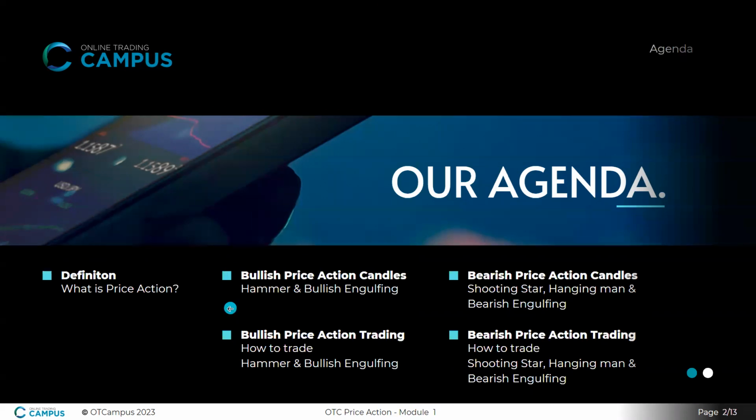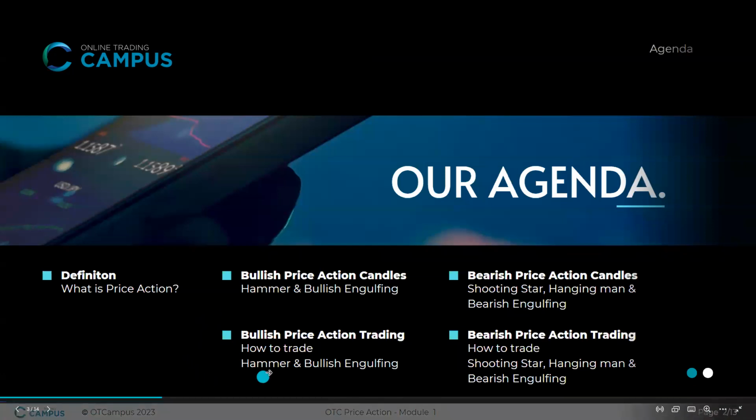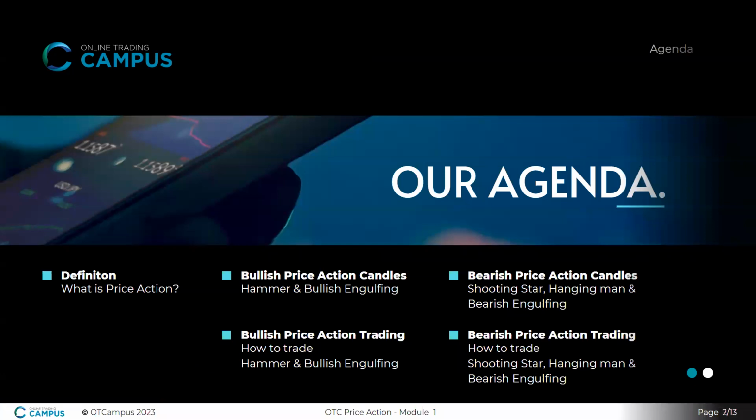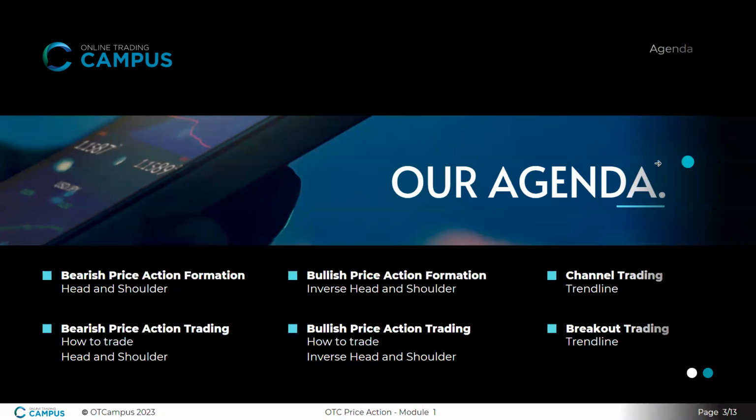After that, we will talk about how to trade these bullish price action candles. The next step will be the bearish price action candles. That means shooting star, the hanging man, and also the bearish engulfing. After that, we will talk about how to trade these bearish price action candles.